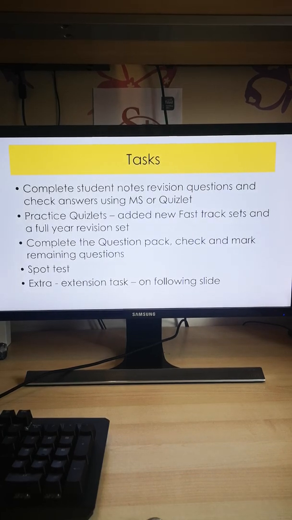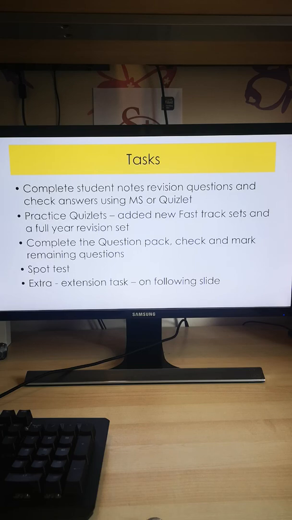There are still a couple of questions in the question pack to finish off. So I'd like you to complete your student note revision questions now and check their answers in the mark schema on the Quizlet, which I have shared with you. Those people are in the Quizlet group. If not, I will put the link in the log for this week's work.